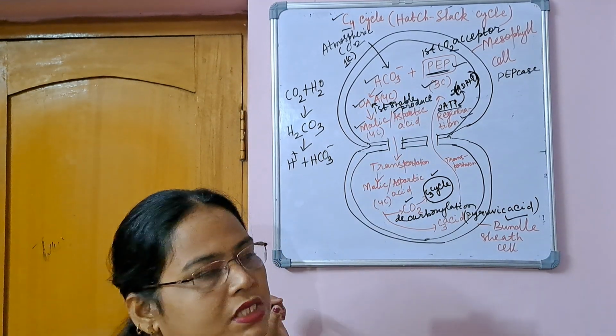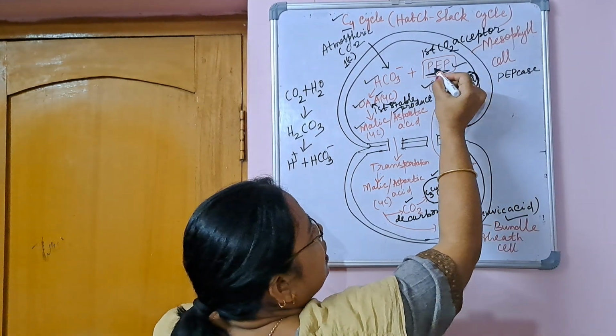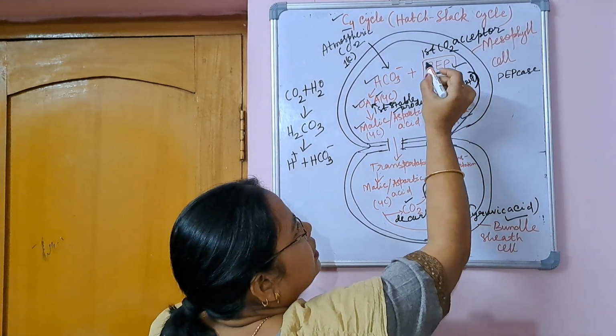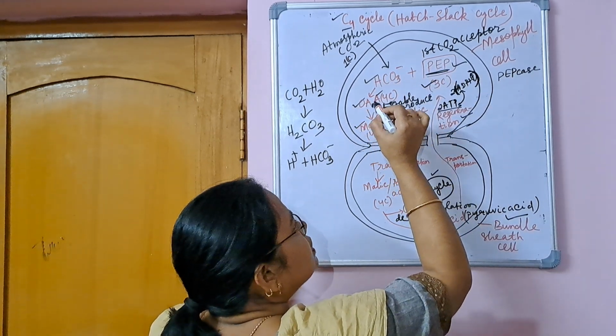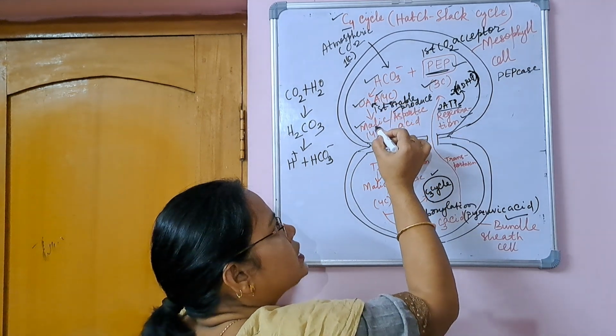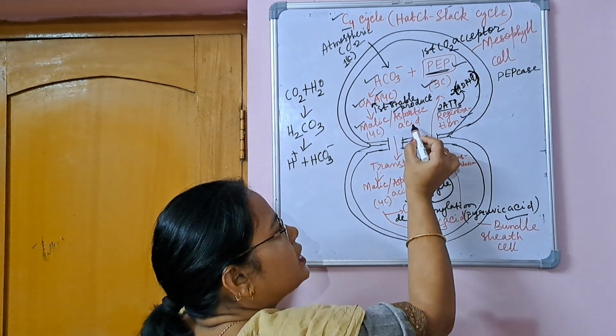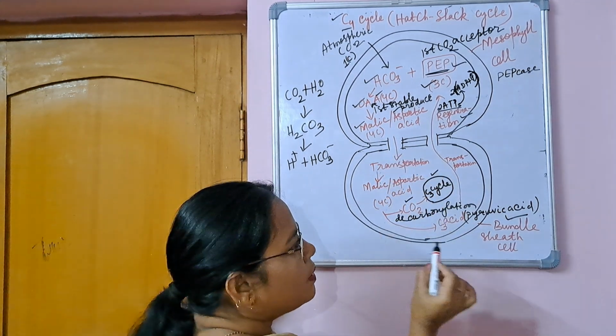Once again let me summarize the things. Here in the mesophyll cell phosphoenol pyruvate is the first carbon dioxide acceptor, and it forms the first stable product, that is oxaloacetic acid. Then it gets converted into malic or aspartic acid, which is a 4 carbon compound, and gets transported to the bundle sheath cell.